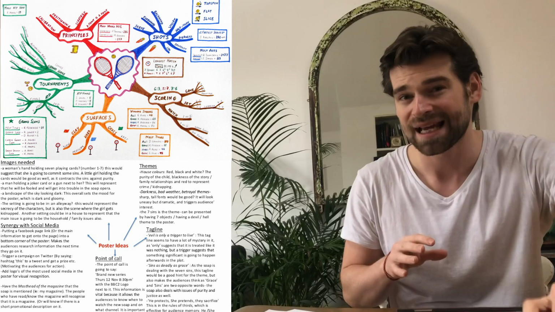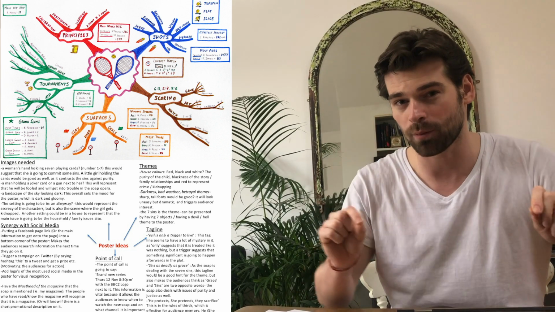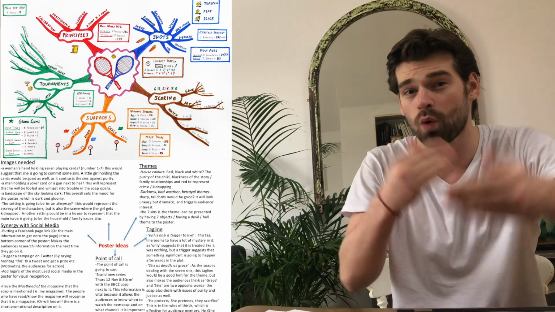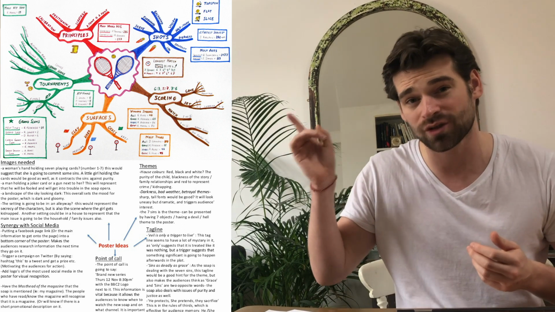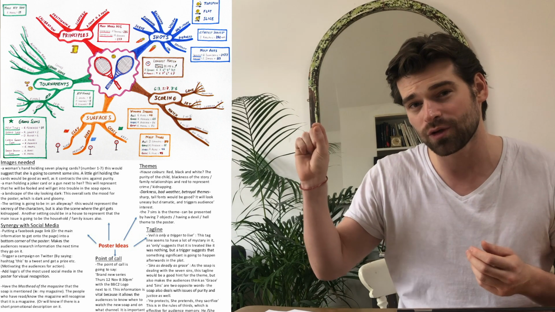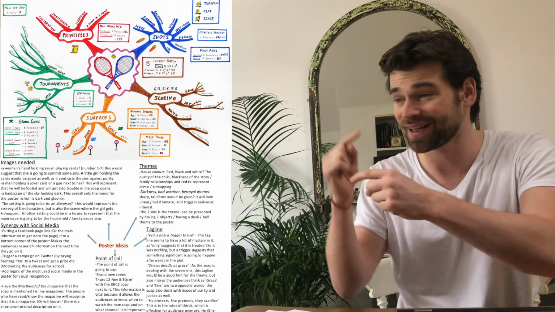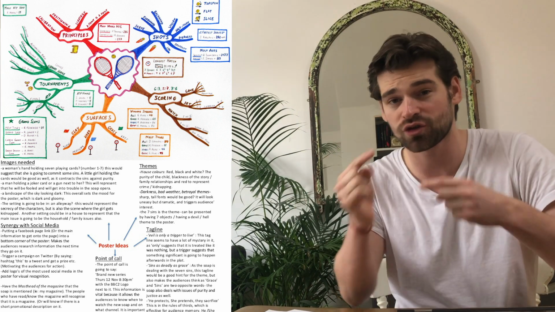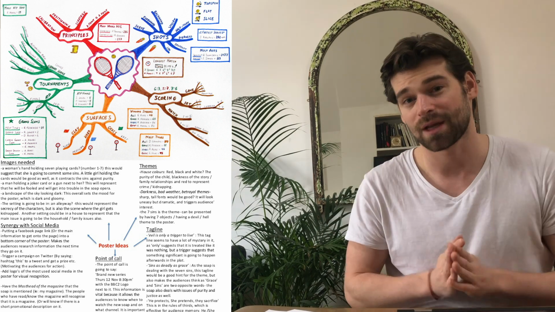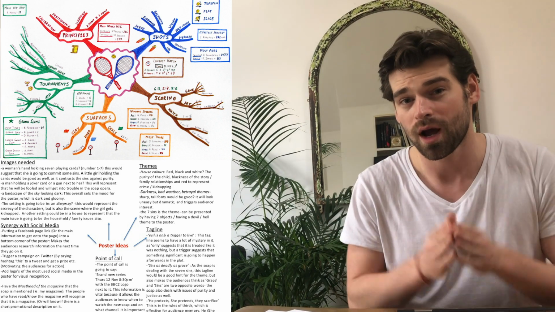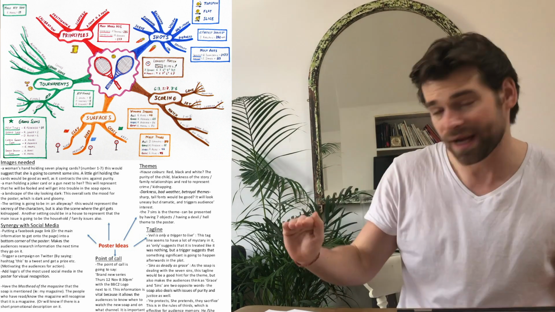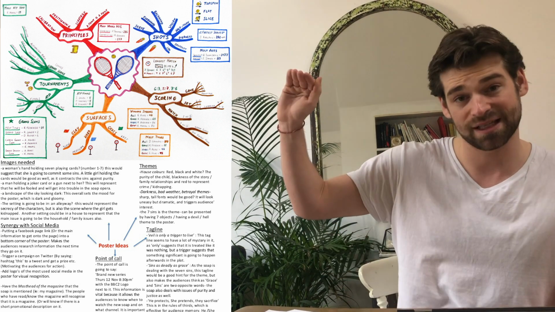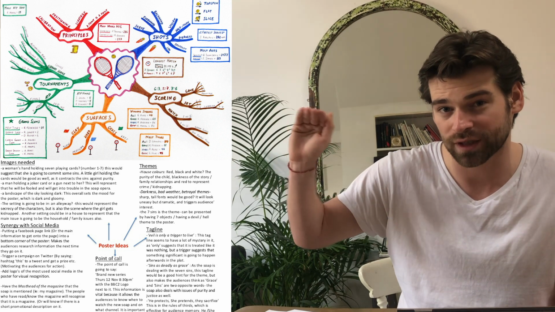What it should be is a list of linked prompts for your brain to work on and access information. So for instance, you can see this top one only has a few specific words that are going to mean that my memory is jogged about certain things. Now at the end of the video, I'll show you a bit more about exactly what that means. But in summary, way too much information. This is perfect. Prompts are what you're looking for.